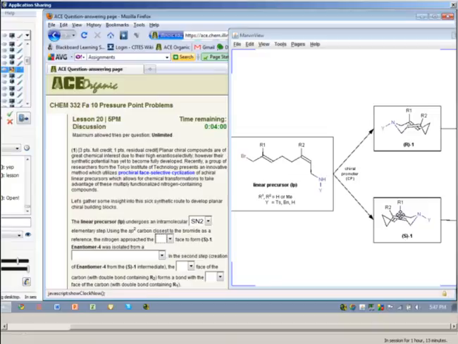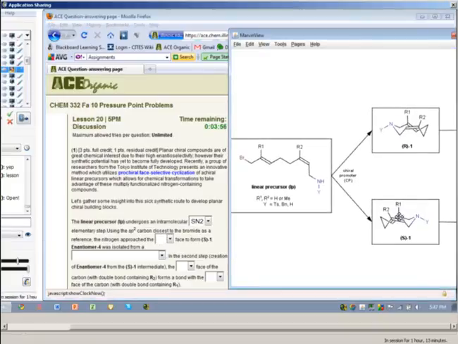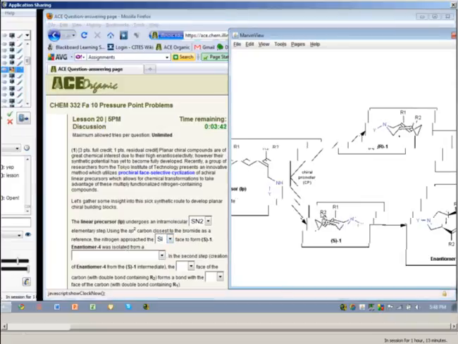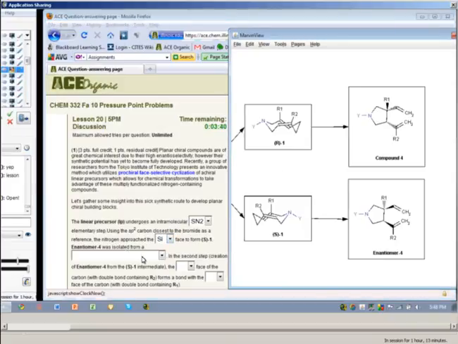The student has about 4 minutes remaining, just thinking, okay, how did I get to S1? If you take a closer look, you're going to see that there are two ways to cyclize: looking at it from the way we are, and looking at it from the backside of that vinylic carbon that's connected to R1.